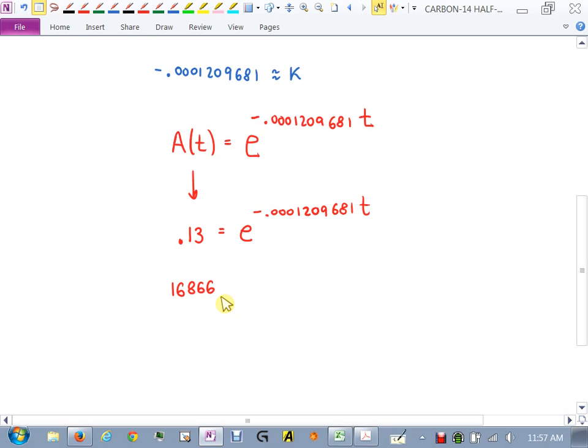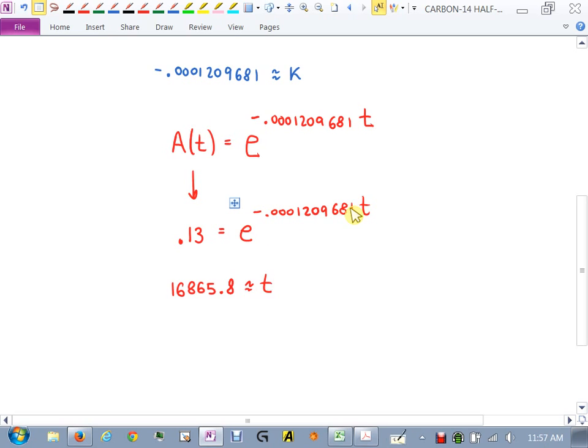You should get 16,865.8 or something like that, approximately t. It will depend on how much you round this by.